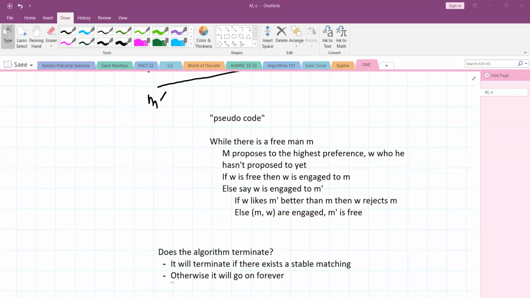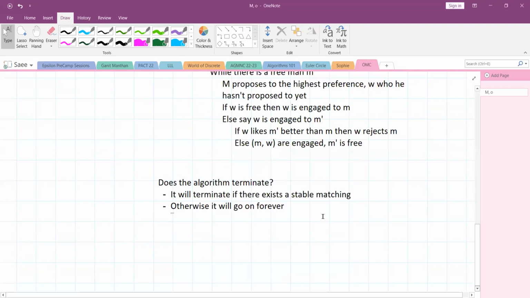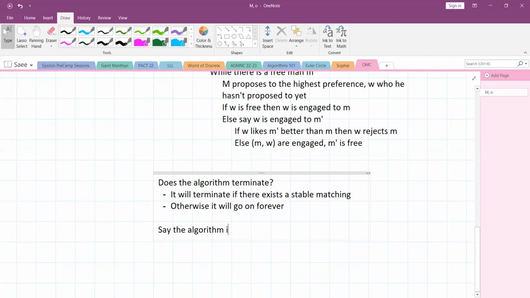So can that happen? Say the algorithm is not ending. What does this mean? This means that there is a free man. What does that tell us? Can all the women be engaged to somebody? No. Exactly.